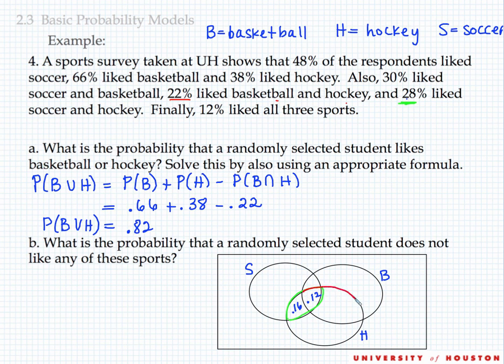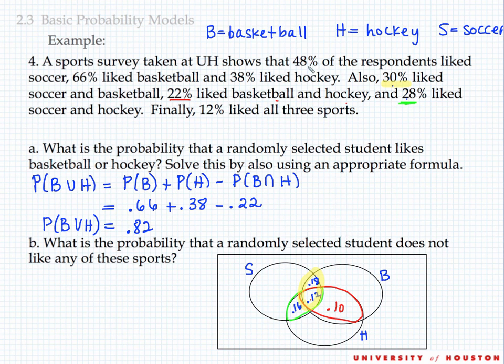Basketball and hockey overlap right here. This is 22%. I already have 12% in here, so I need another 10%. And last, I have 30% with soccer and basketball. So 30% is going to go right in here. Again, I already have 12% there. So I need to fill that in with 18% to make the 30%.